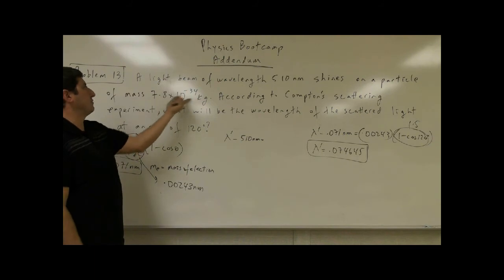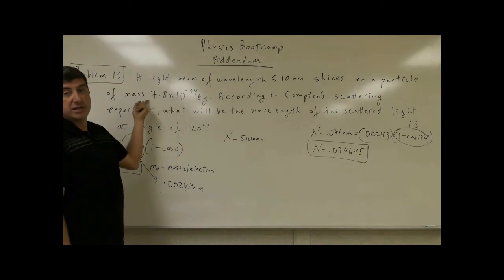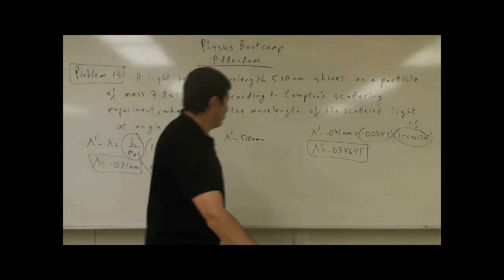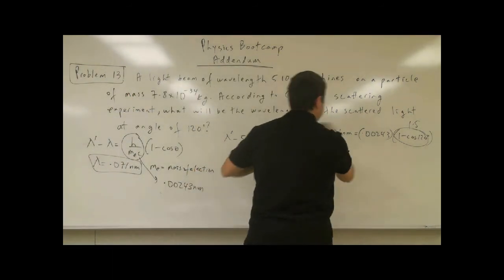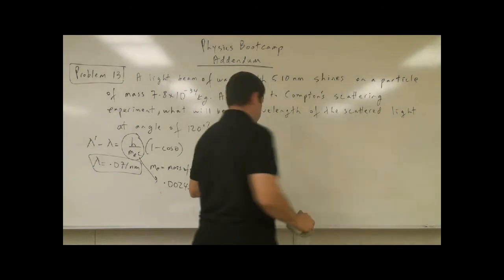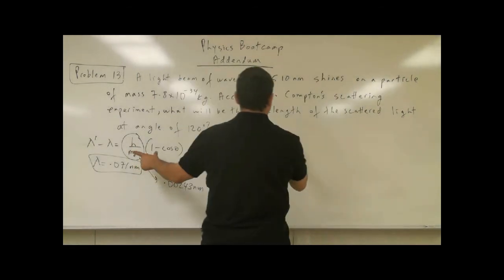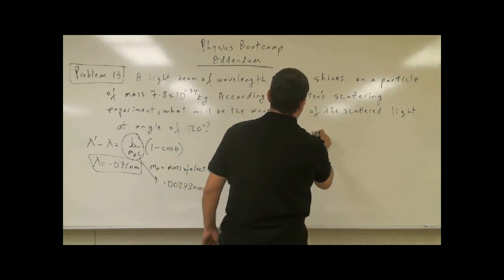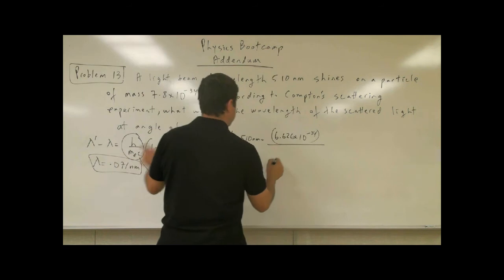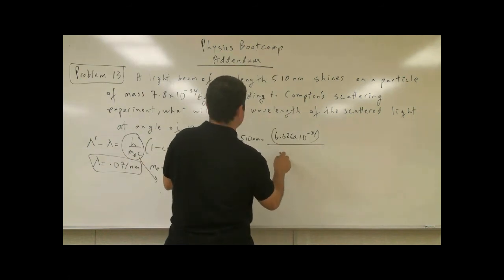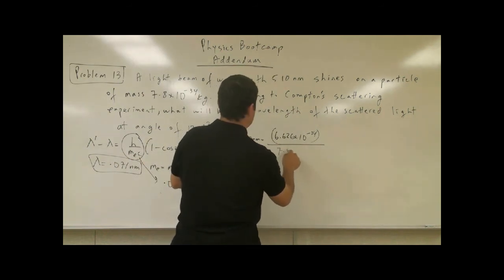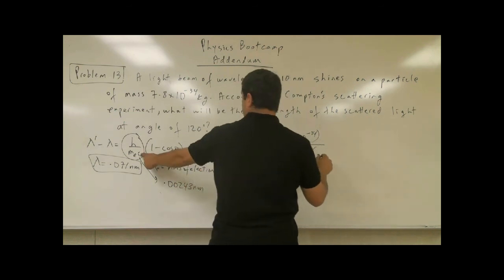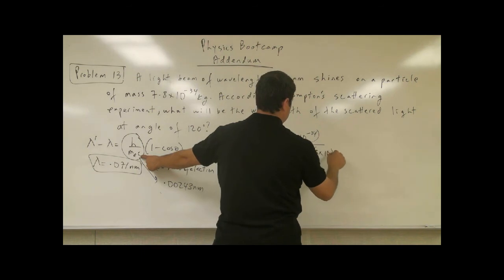This actually happens to be something even lighter than the electron, whose mass is 9.11 times 10 to the minus 31. So you put in Planck's constant, 6.626 times 10 to the minus 34, the mass that we are using, which is 7.8 times 10 to the minus 34, and the speed of light, 3 times 10 to the 8.